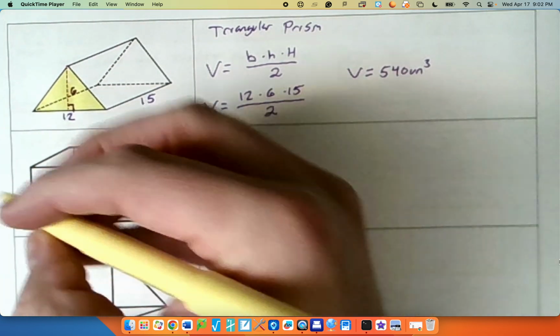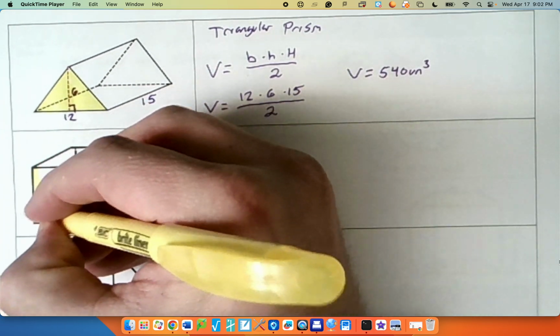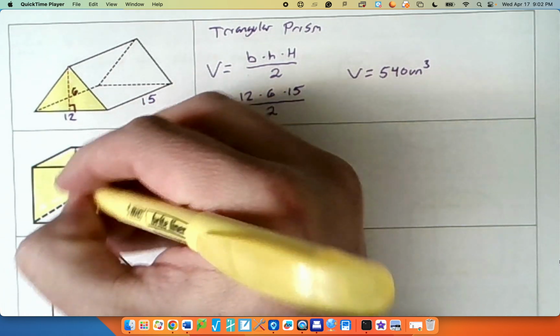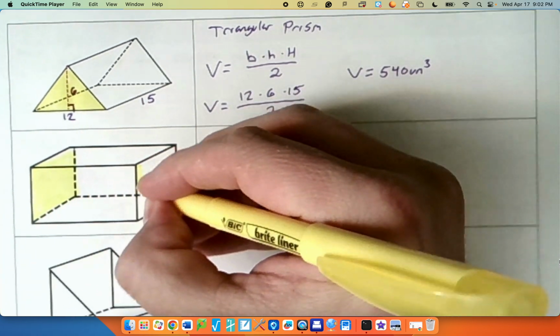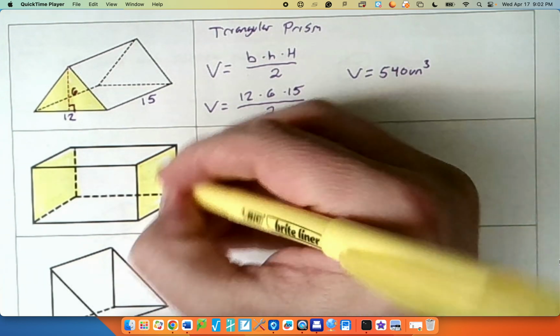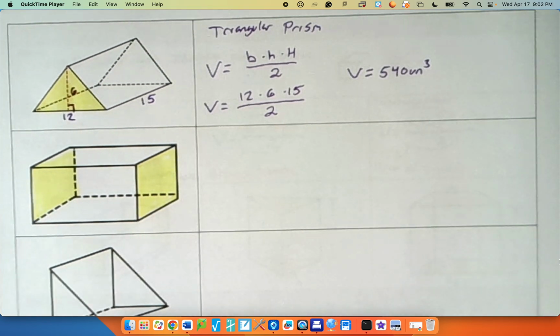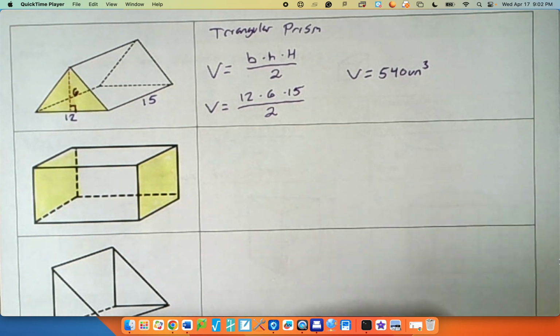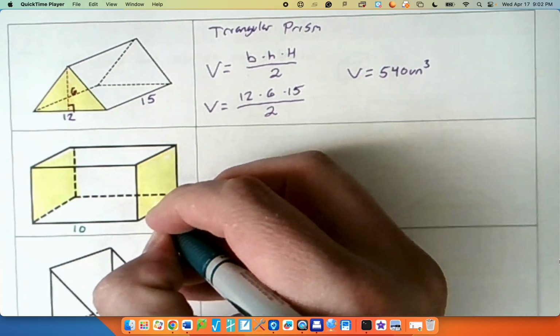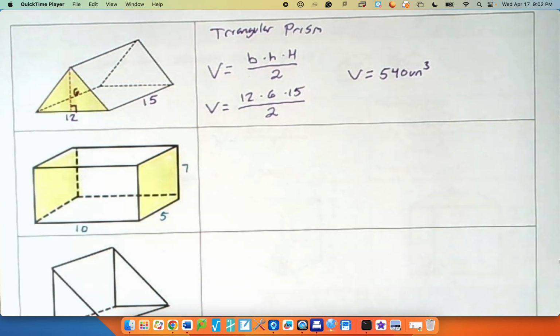The next one is a rectangular prism, just to show you. What if I said this rectangle over here was our base? That means its identical buddy is way over on this side. Maybe I tipped the rectangular prism over on its side. This front side is 10, this side is 5, and this is 7.